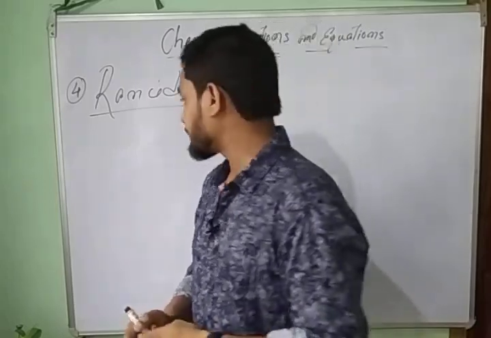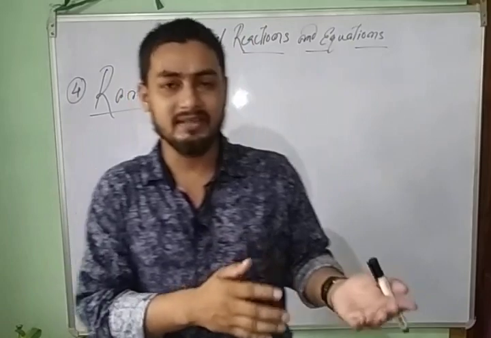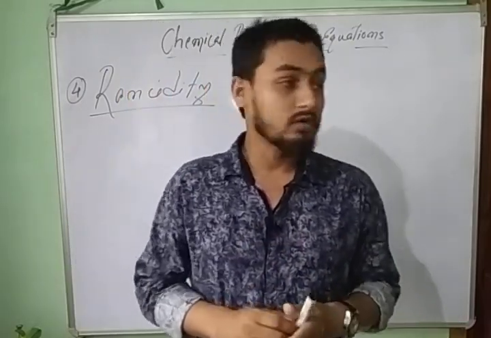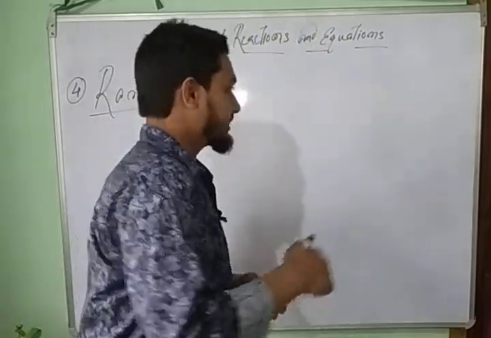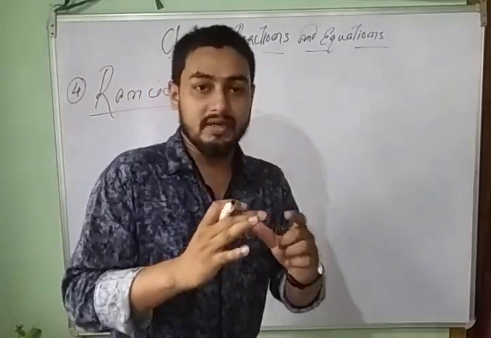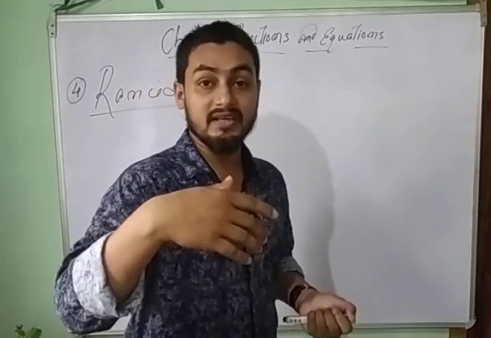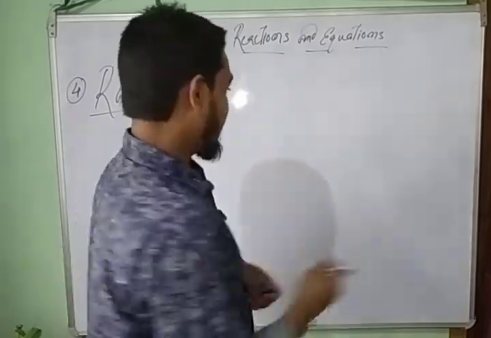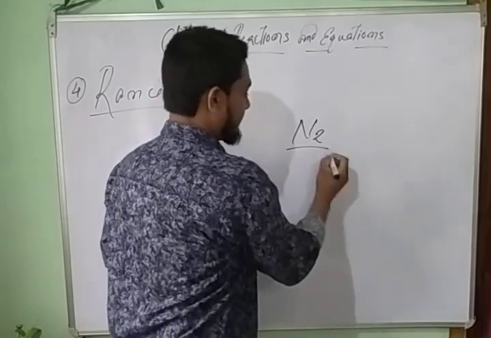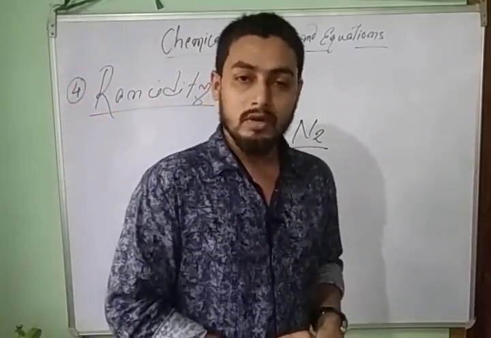For example, chips or any kind of food item which is kept in packets, is packed in the presence of nitrogen gas, because nitrogen gas, N2, is an inert gas which prevents oxidation, right?